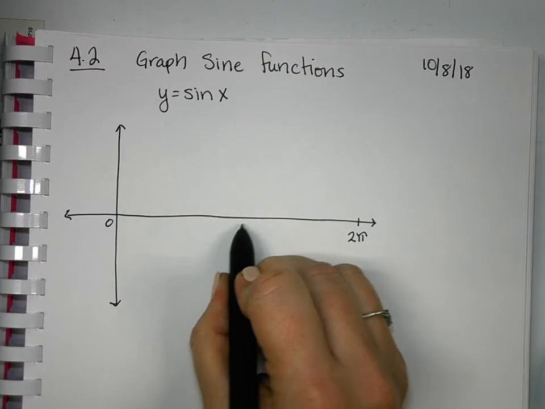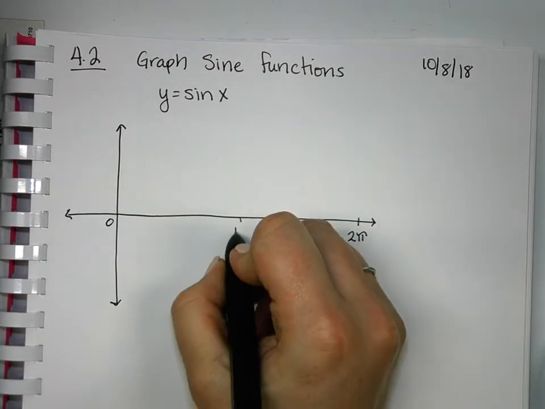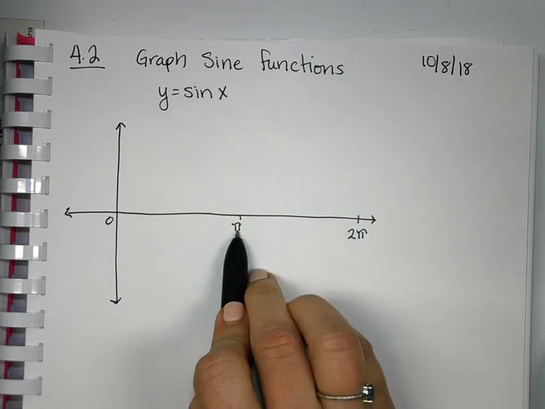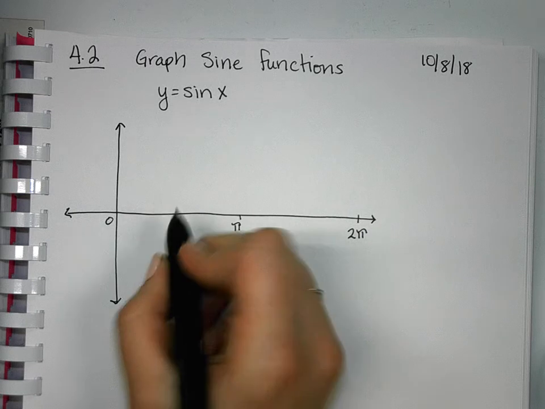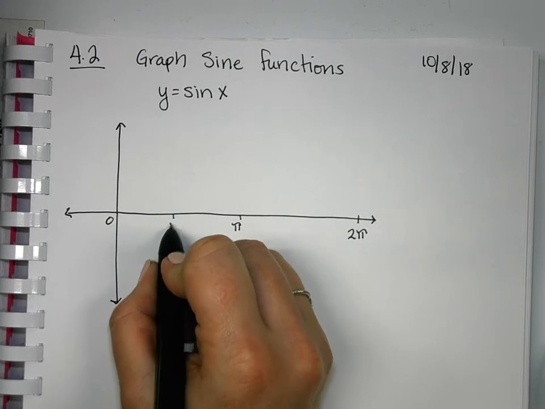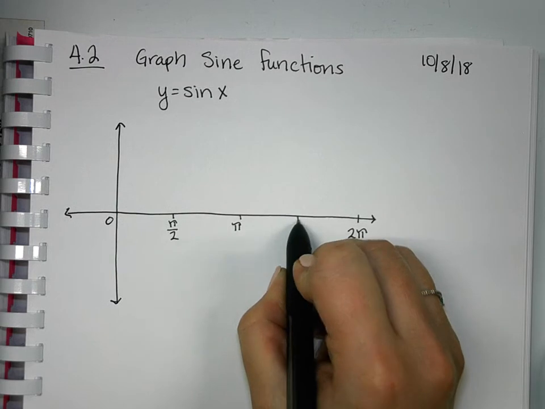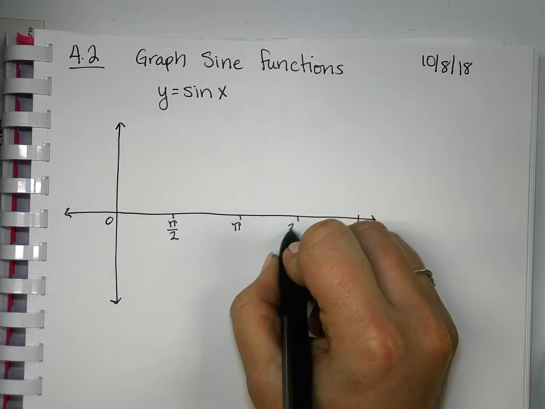So on my x-axis, I'm just going to start by labeling 0 to 2 pi, and then my halfway point pi. The halfway point between 0 and pi, which is pi over 2, and the halfway point between pi and 2 pi, which is 3 pi over 2.